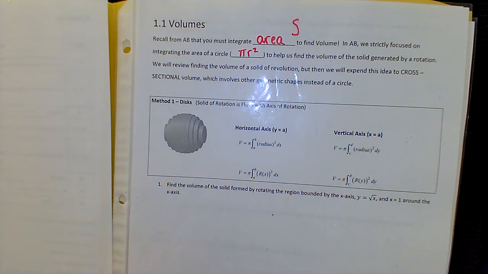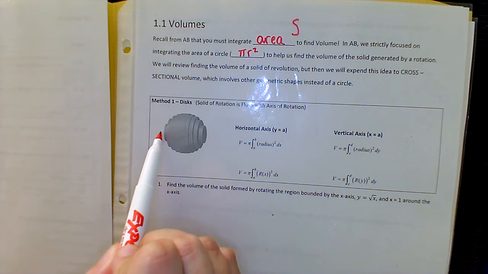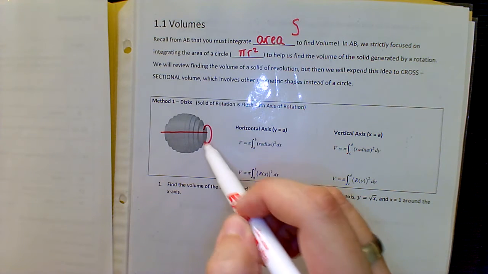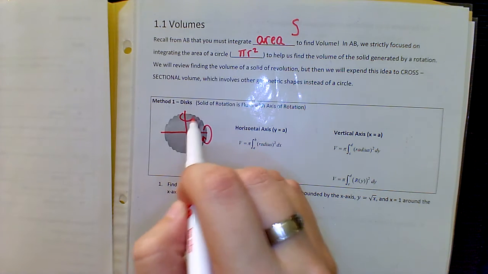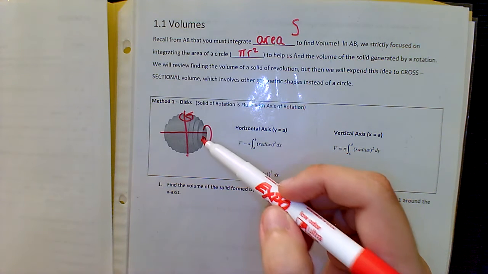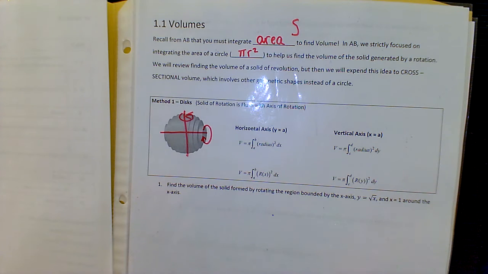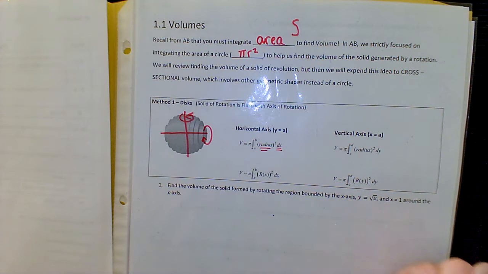We have two different ways we might rotate an object or some type of graph. We can rotate it around a horizontal axis, maybe we're going this way. But you can also rotate it along a vertical axis, maybe we're going that way. Depending which way you're rotating it, we have to be careful in terms of the variables that we're using. If you're rotating it around the horizontal, aka x-axis, you want to make sure you have x variables within your integral.